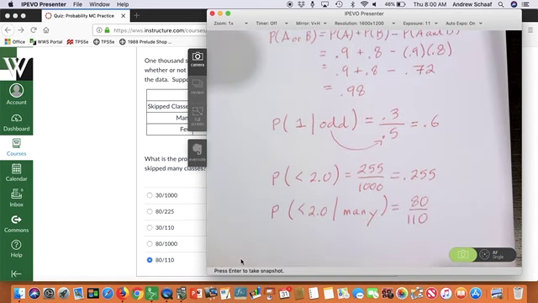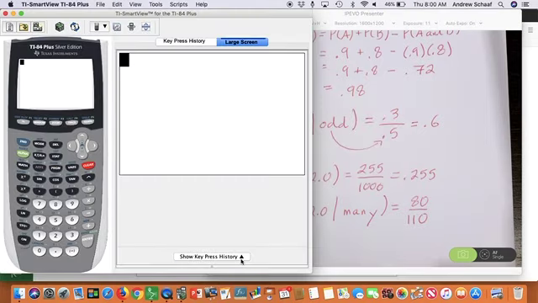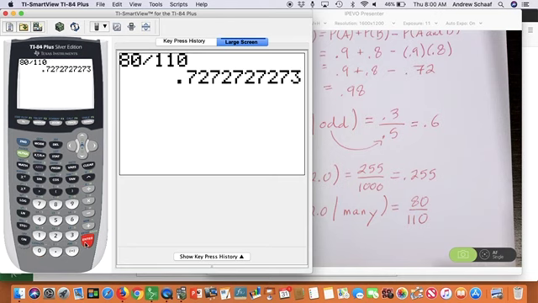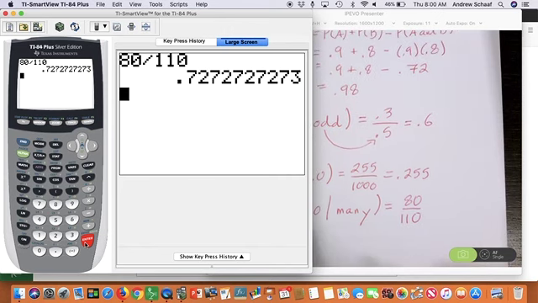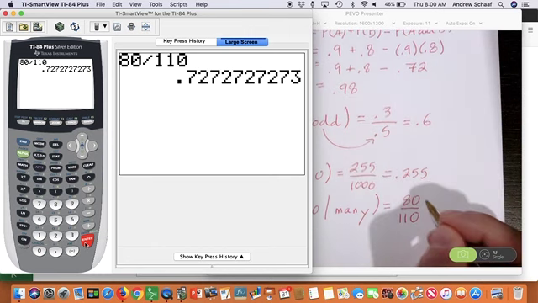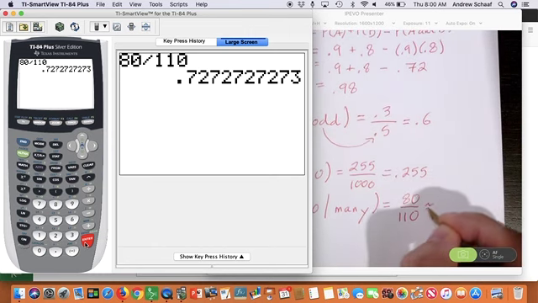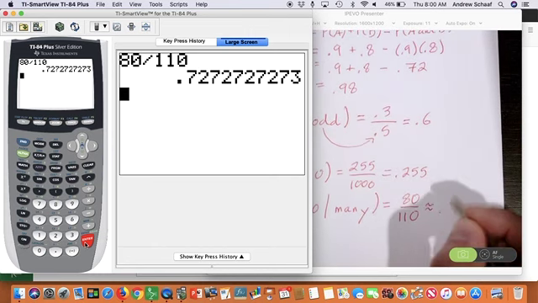I'm going to turn that briefly into a decimal so that we can compare them. Always write your probabilities as fractions. Writing them as decimals is useful for comparing. Of course, if the question says write it as a decimal, please do that. But if you need to make a comparison, it's really easiest to do that with decimals. So this is 0.727.